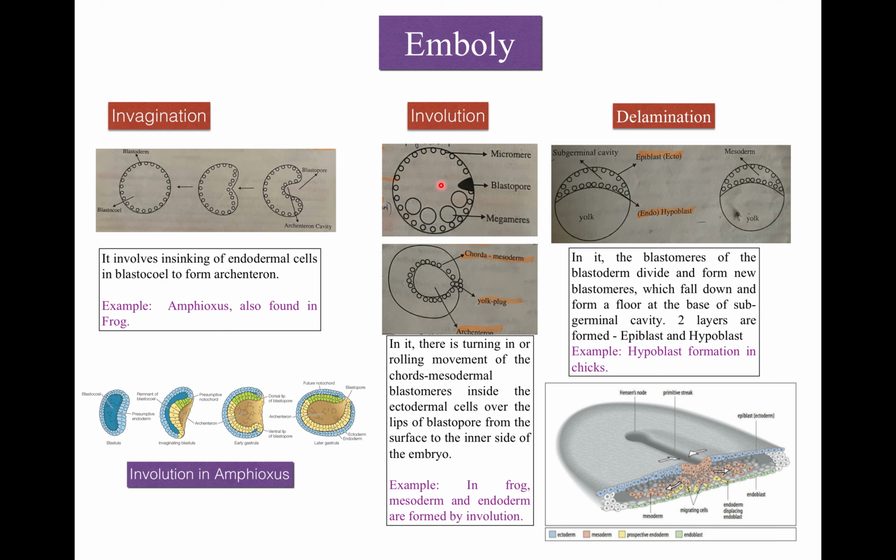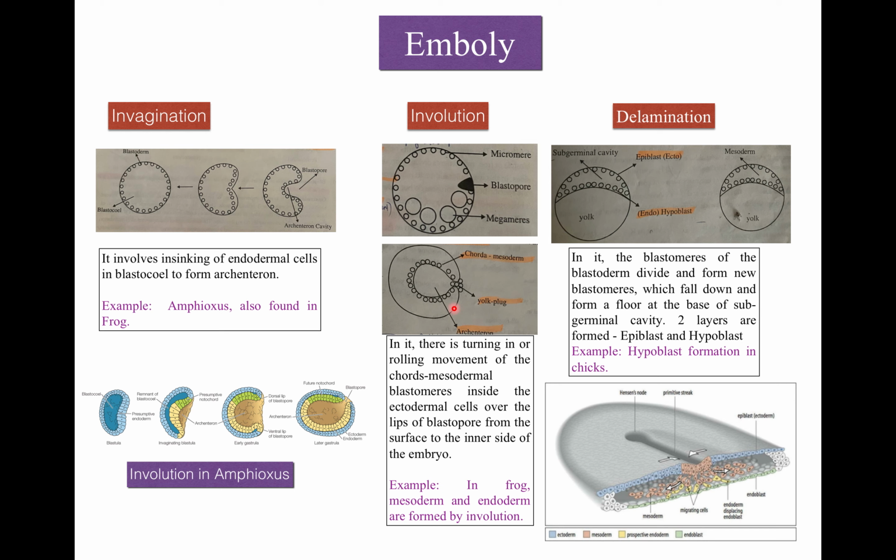Then this blastocele cavity gets completely obliterated and a new cavity, that is archenteron, is formed. Afterwards, blastopore contracts and macromeres close the pore, and this pore looks like a plug and it is known as yolk plug. So this is the involution.